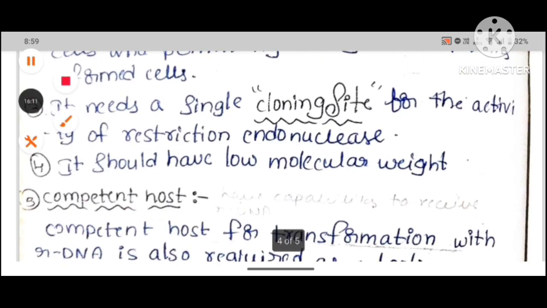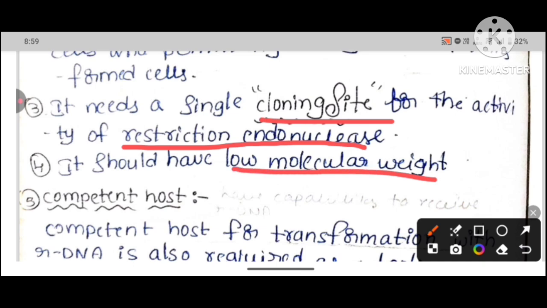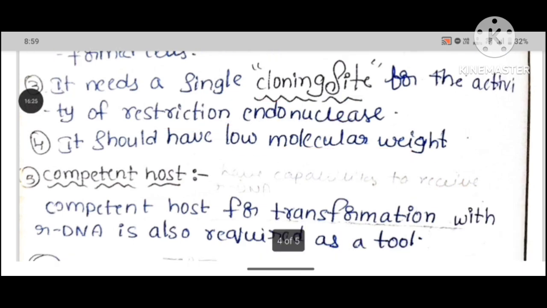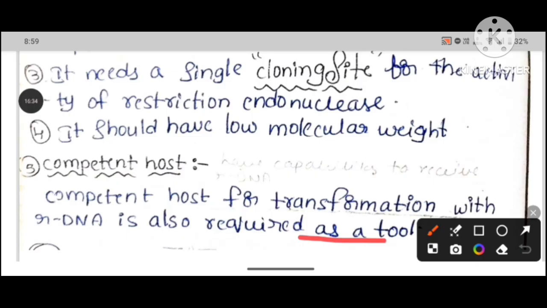And the vector must have a single cloning site for the restriction endonuclease, where the endonuclease cuts at one specific site, and the vector should have a low molecular weight. A host for transformation with rDNA is also required as a tool.